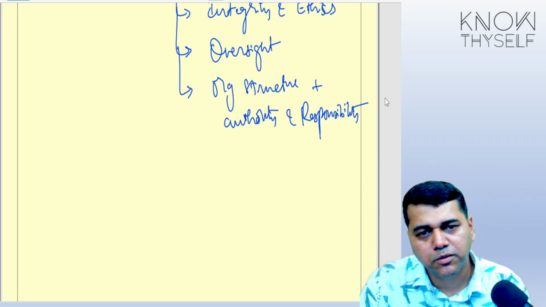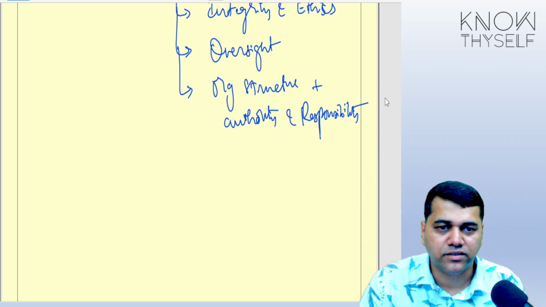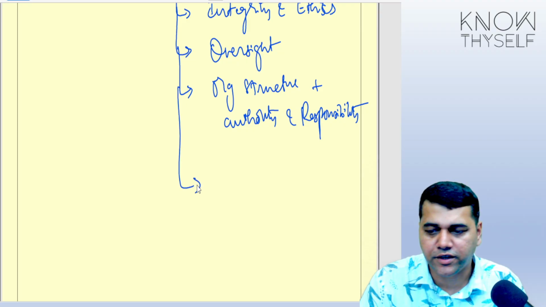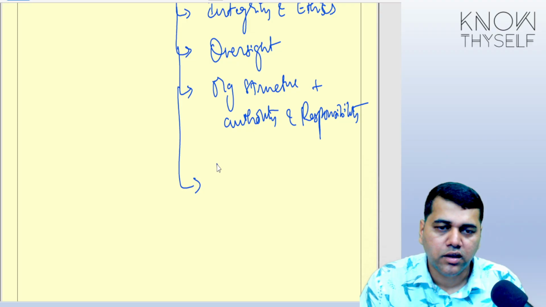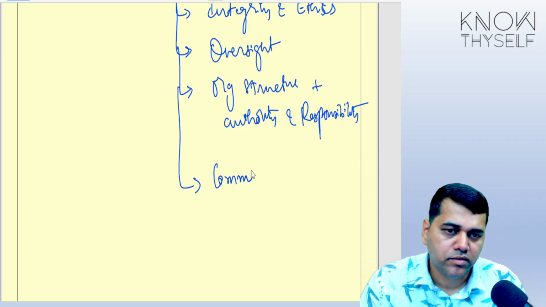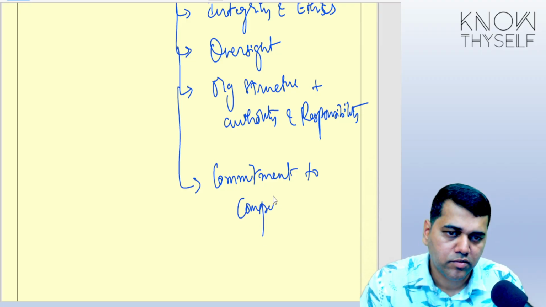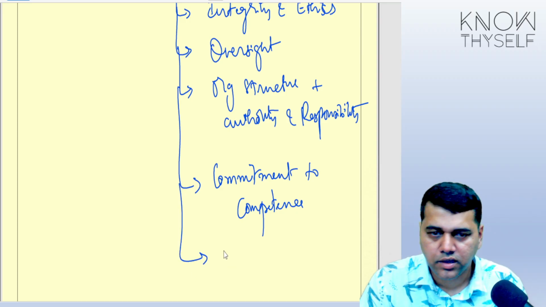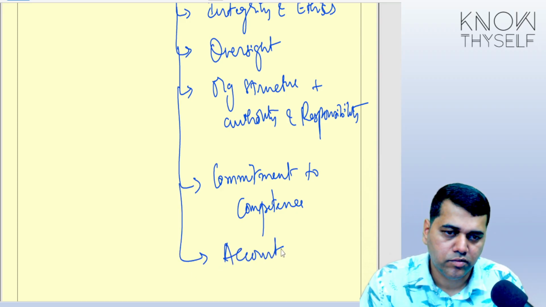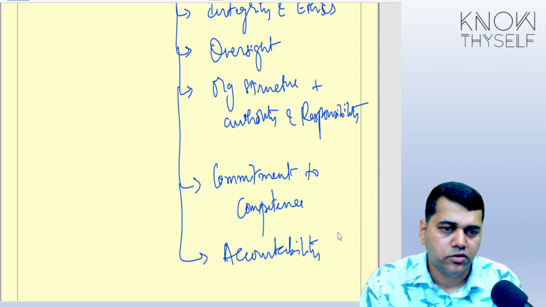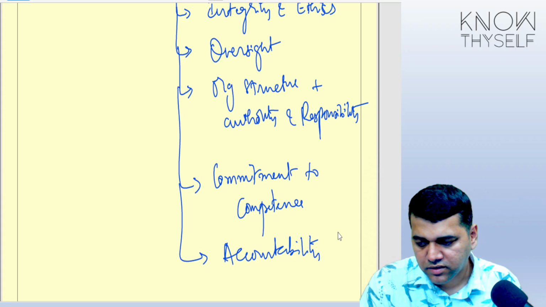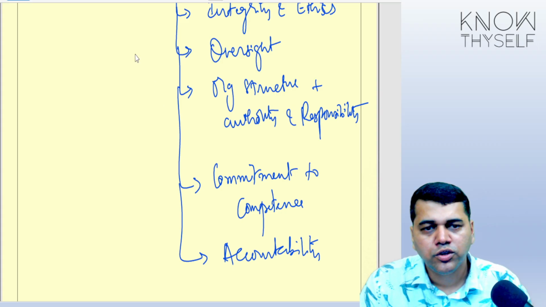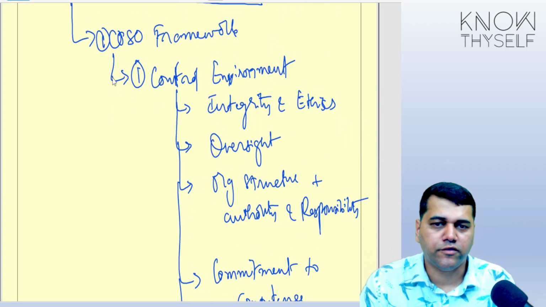Based on this, our board of studies have created those points. Then commitment to competence, accountability. So these are all the principles, 5 principles related to your control environment.